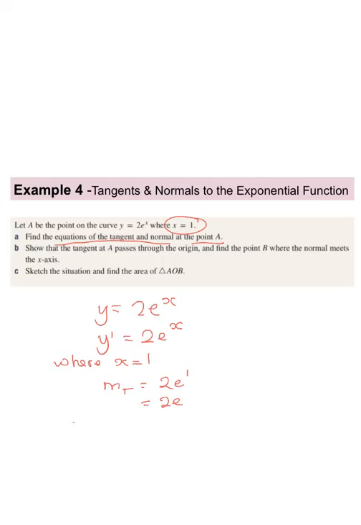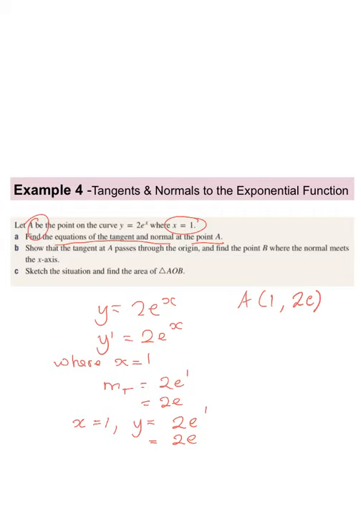So when x equals 1, then y is going to equal, we substitute x equals 1 into our original function, which becomes 2e to the power of 1, which is also 2e. So now we have a point with a coordinate x equals 1 and y equals 2e. And that's the coordinate that we're talking about here, which is point A.